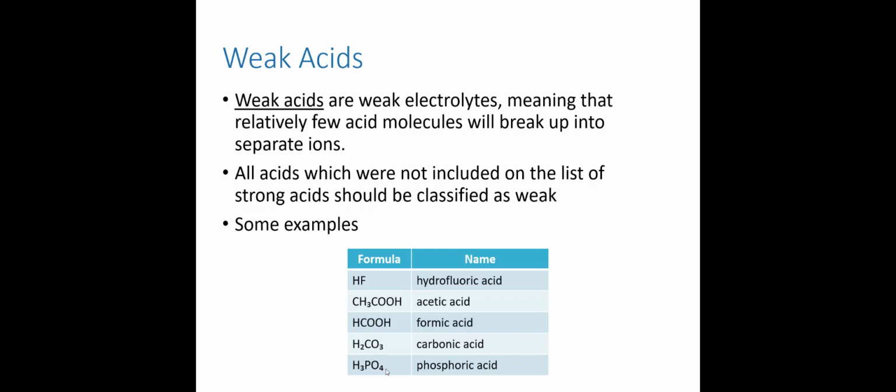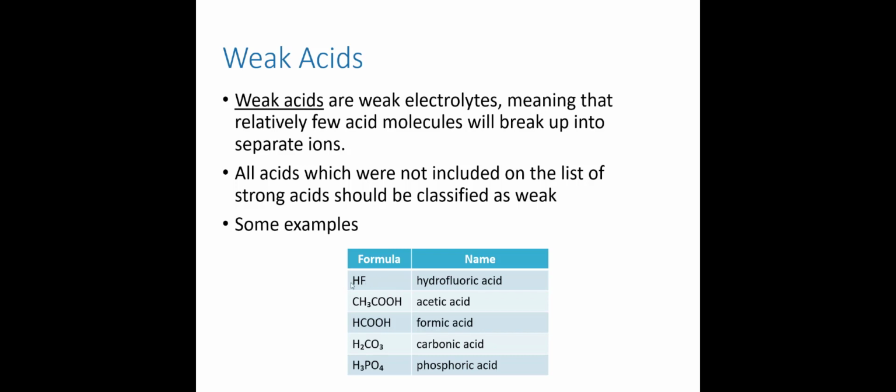It's very important to note that just because an acid is weak, that does not mean that it's not dangerous. Hydrofluoric acid is arguably the most dangerous of all the acids that I've shown on the slide so far, even more so than the other acids on the strong list, because its mode of action is very dangerous.